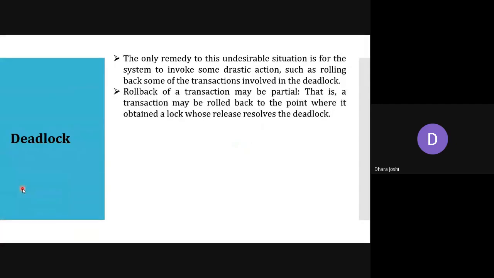Rollback of a transaction may be partial. What does it mean? If we have multiple instructions, like in the previous one we have seen, we have rolled back the transaction T2. So here T2 has done some work. After that, it is applying the lock, which is exclusive lock on data item B. We will do some read and write operations.